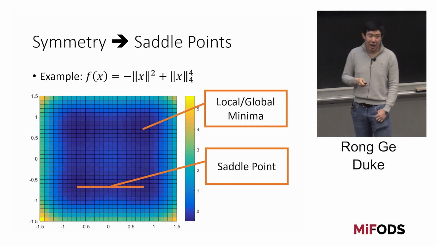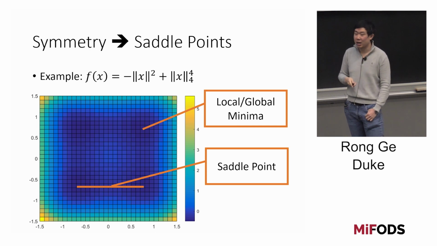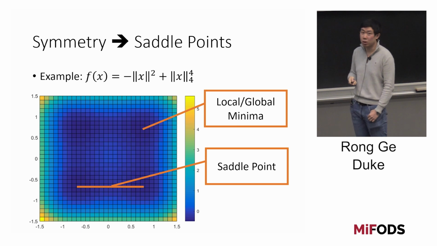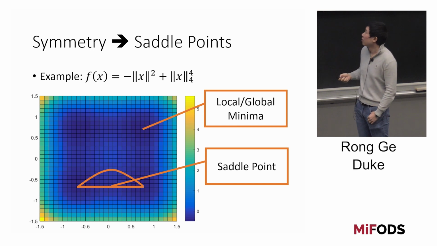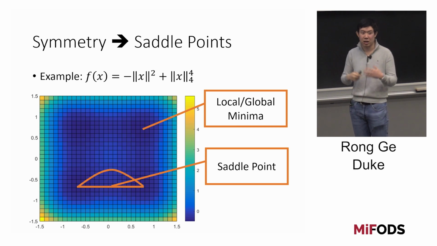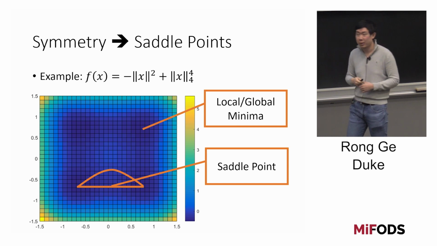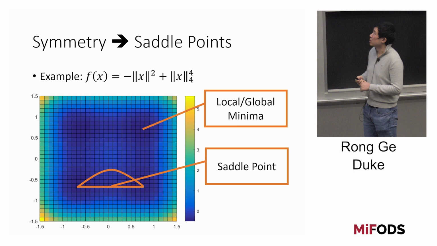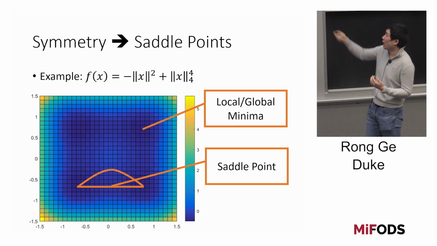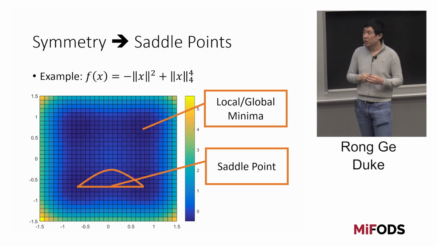This doesn't happen for every path that connects these 2 local optimal solutions. For example, if I connect these 2 things via a different path, there may not be any saddle point on this path.